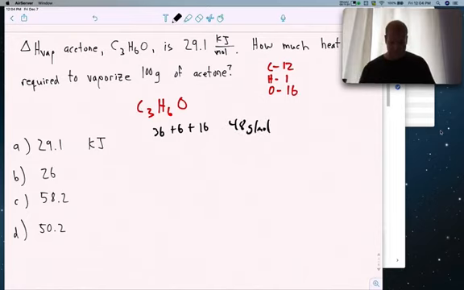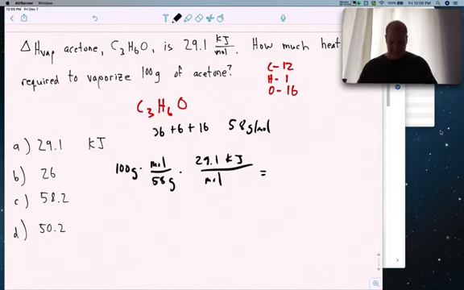No, it's not. I'm sorry. It's 58 grams per mole. And so how much heat is required? 100 grams of acetone, times 1 mole per 58 grams, times 29.1 kilojoules per mole.